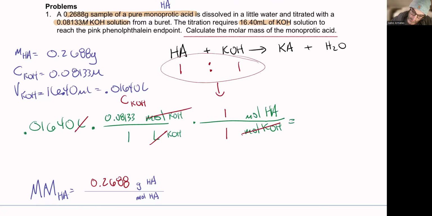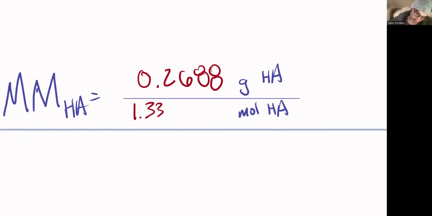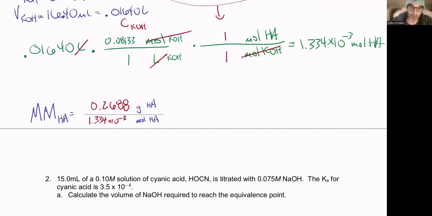So if I do the math, 1.334 times 10 to the minus 3 moles of HA. Perfect. So now I can just plug this in: 1.334 times 10 to the negative 3 moles of HA. Do the math, divide those out. You end up with 201.5 grams per mole.